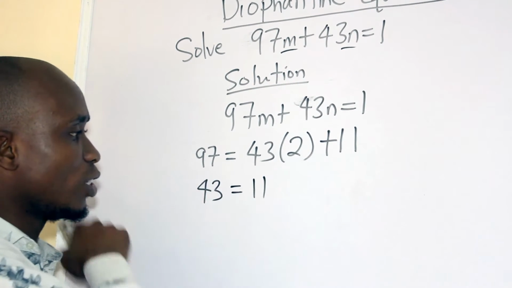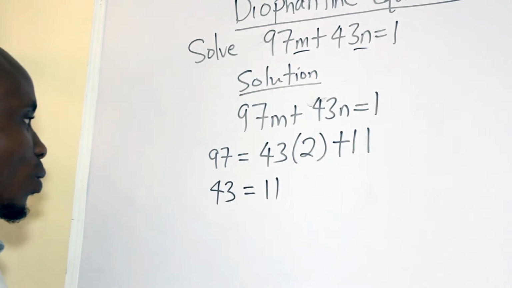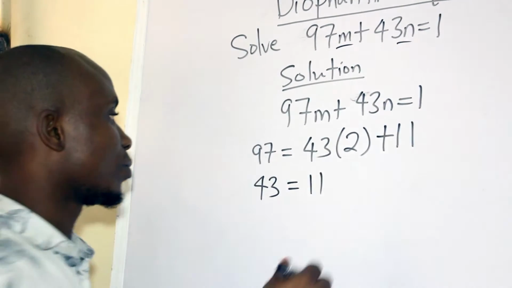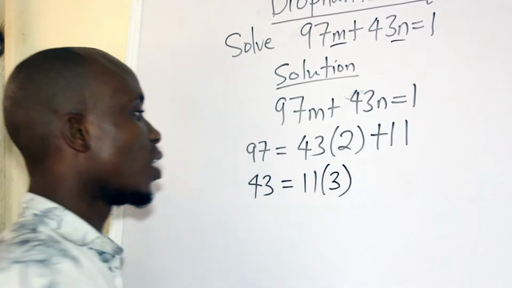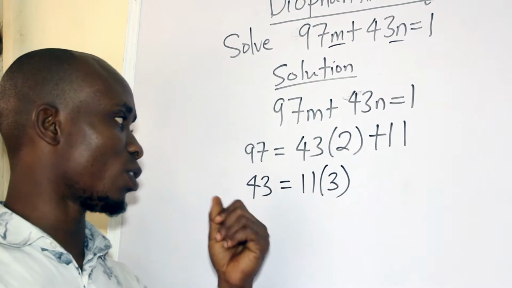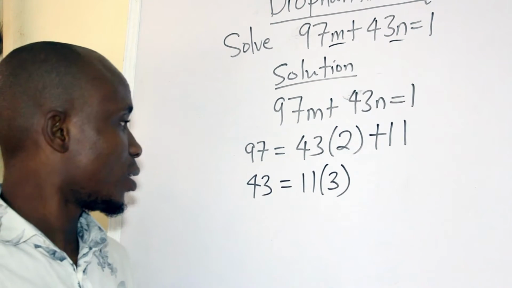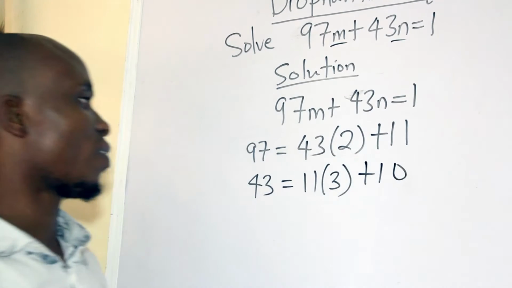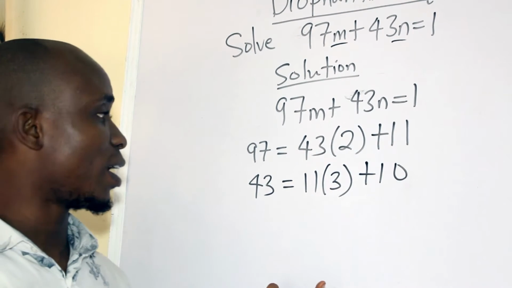Now, 11 is going to go into 43 about 3 times. And of course, 11 times 3 gives us 33. And then the remainder is going to be 10.